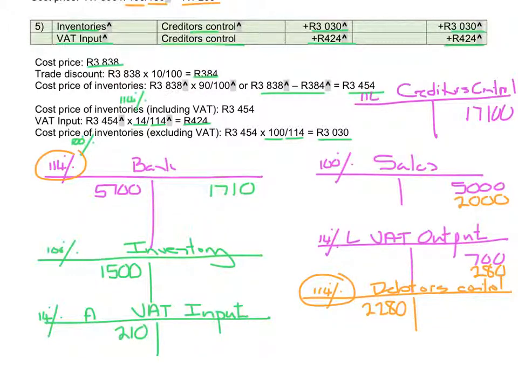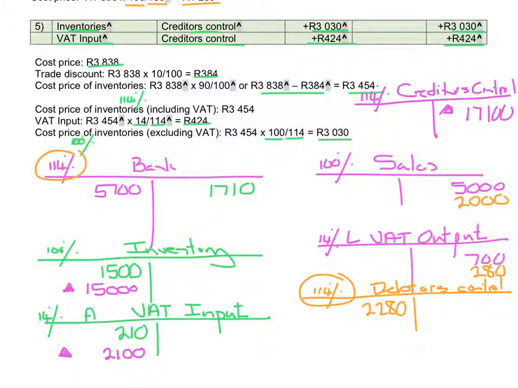So the creditors is a 114% account. The amount that will go to inventory will be 15,000. So that is the cost price of the inventory excluding the VAT. And then we will show that we can claim 2,100 back from SARS. So that's an asset to me.